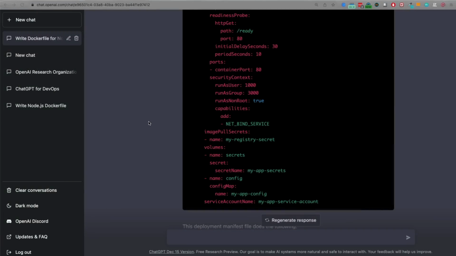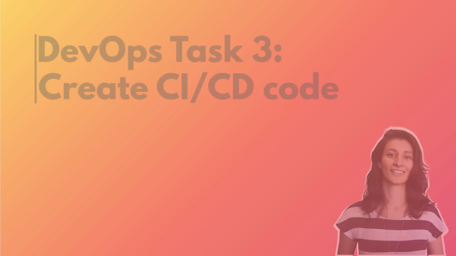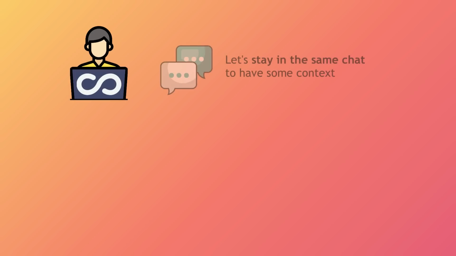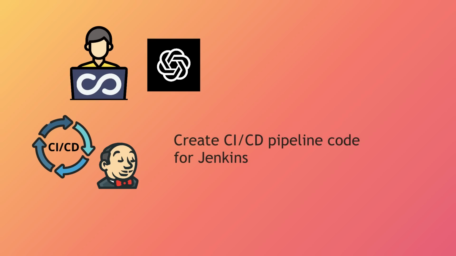Now I'm going to try one more thing, which is a little bit more complex, and I'm really curious to see how ChatGPT can handle that. I'm going to stay in the same chat to reuse some of the context. And I'm going to use ChatGPT to build a CI/CD pipeline code in Jenkins.